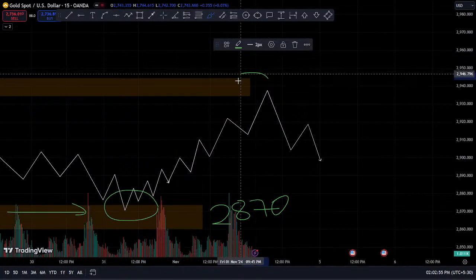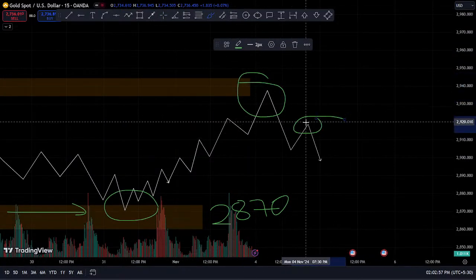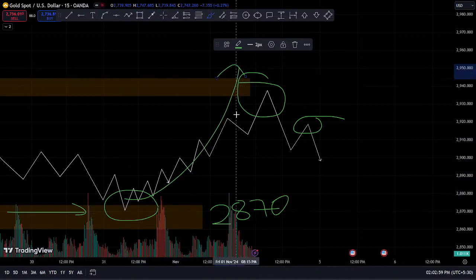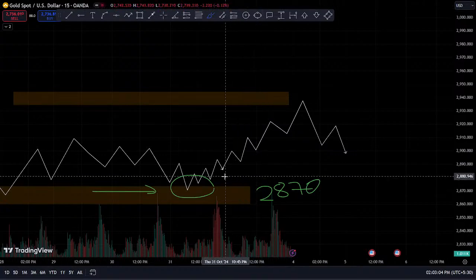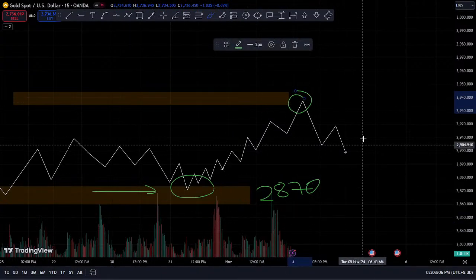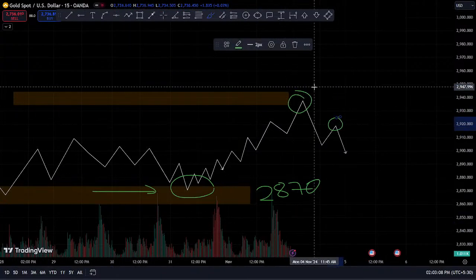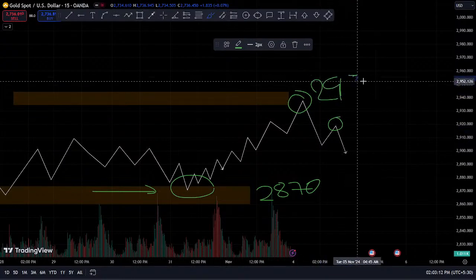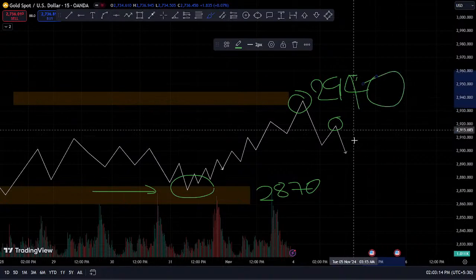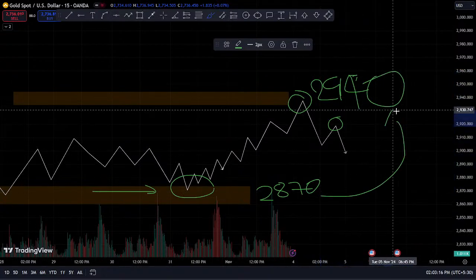In short, people are selling here because now it is overexpensive. It has grown a lot. So people are trying to sell at a particular zone, which is 2940. So what was the difference? How much profit did we earn?